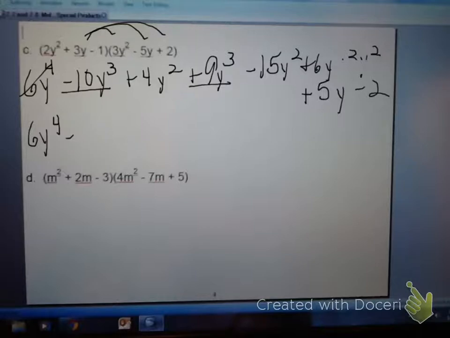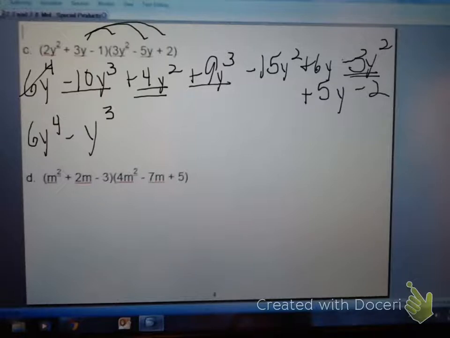So negative 10y cubed and 9y cubed is the negative 1y cubed, or you can just say negative y cubed. 4y squared and a negative 3y squared is a positive 1y squared.